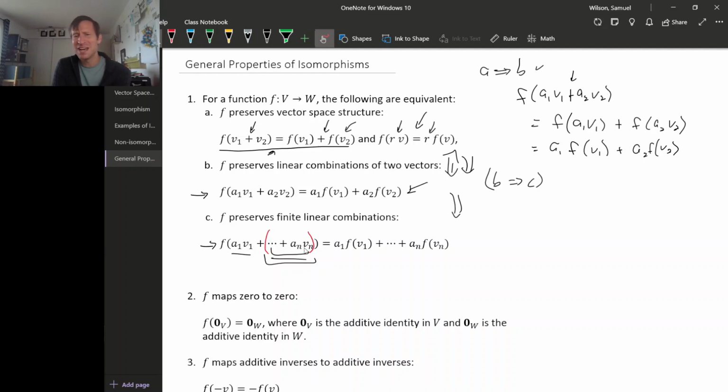So if you have n vectors, just use B n times, and you'll break this big thing down into that. So B implies C.